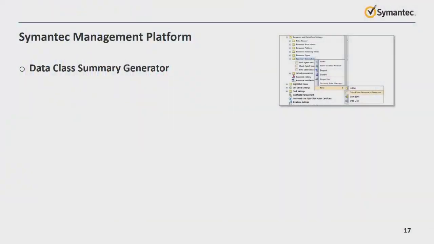Okay, so Data Class Summary Generator, basically what we have is if you look in the console, there's a lot of summaries. Your resource manager is a bunch of summaries. If you look at the inventory summary or the software distribution summary, that's inside. So what this allows you to do is take smaller subsets of much larger data classes and create your own. Let's say you're doing some kind of a replication between a reporting server and your notification server.